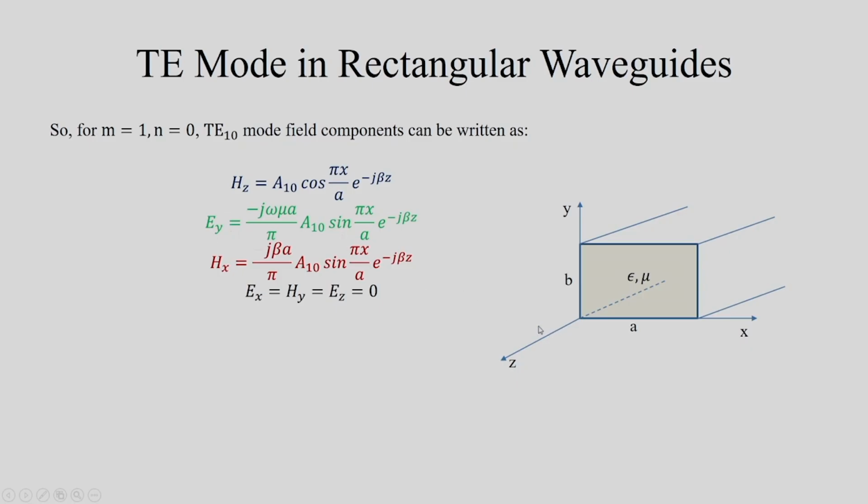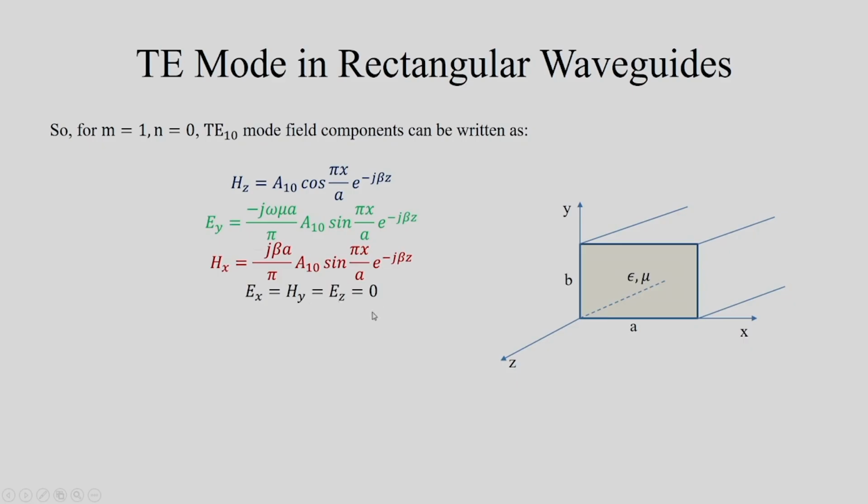So, this is the boundary condition which is satisfied by Ey, and apart from Hz, the longitudinal magnetic field component, we have another transverse magnetic field component which is given by minus j beta a by pi A10 sin(pi x by a) e to the power minus j beta z, and Ex, Hy, Ez all are 0.